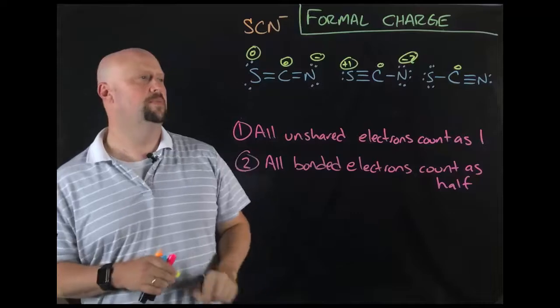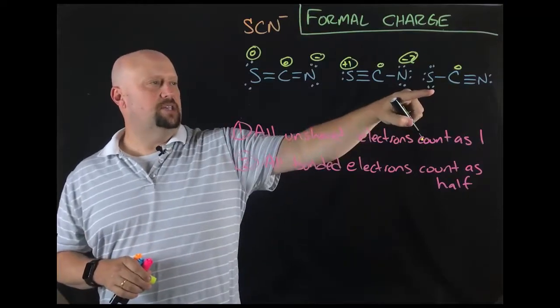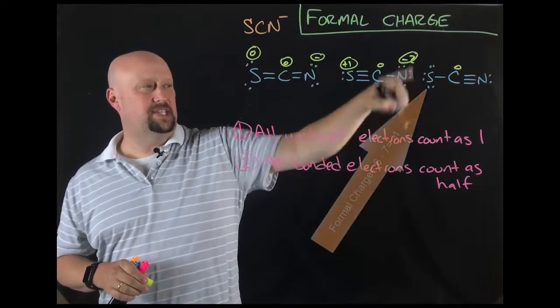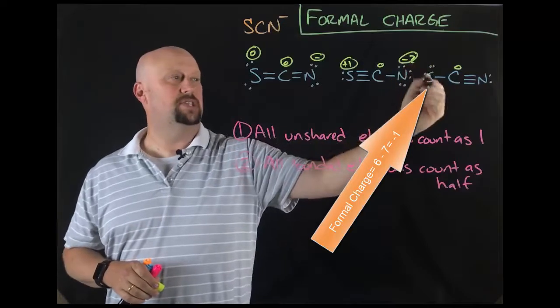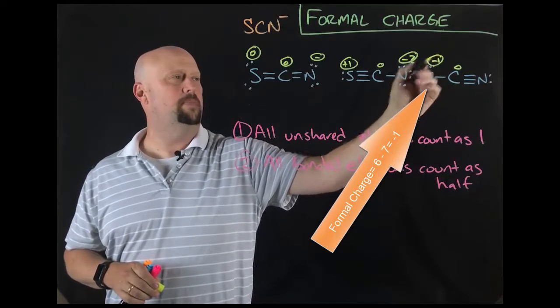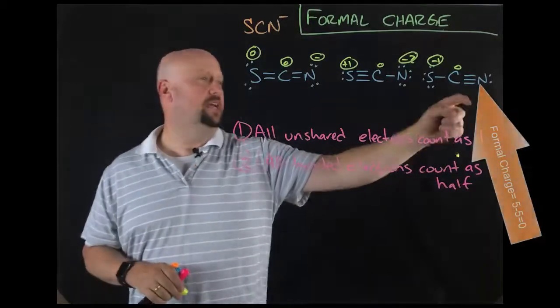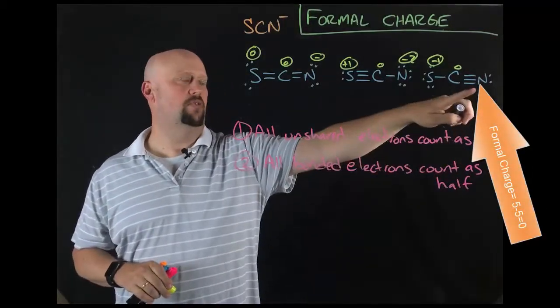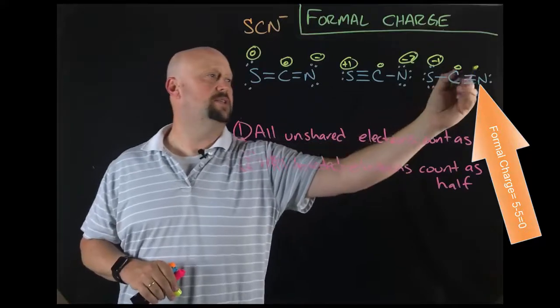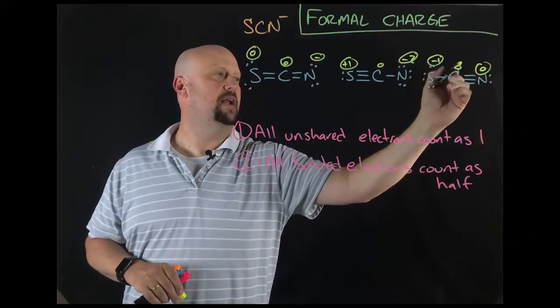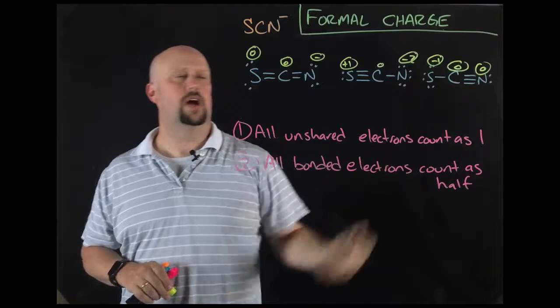That's -2. In this case, sulfur normally has 6. It's assigned 7 in this case, so that means 6 minus 7 gives me a -1. Nitrogen typically has 5. Again, it is given a case of where it's got 5 assigned to it, so that means that that also has a formal charge of 0.